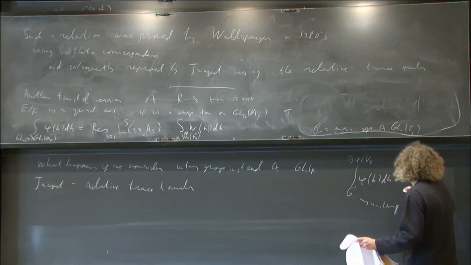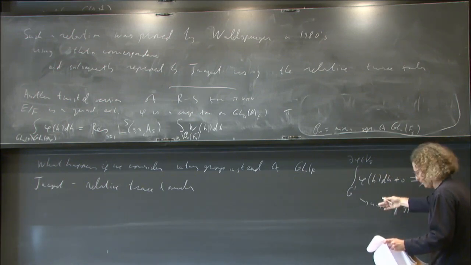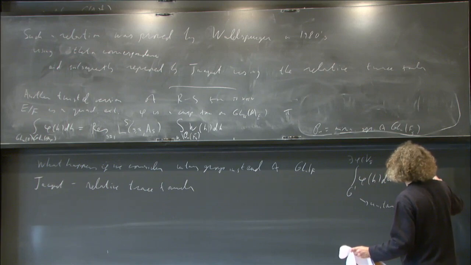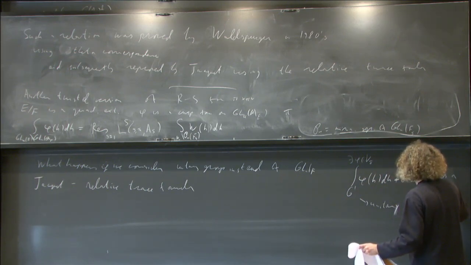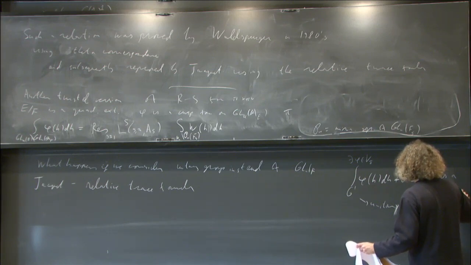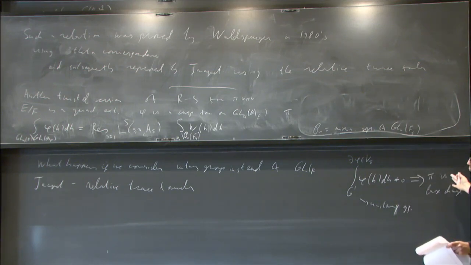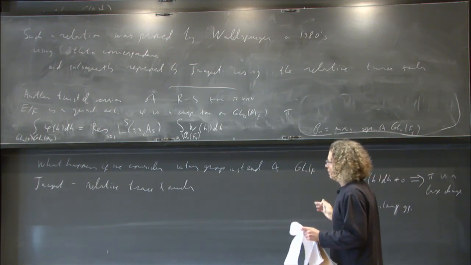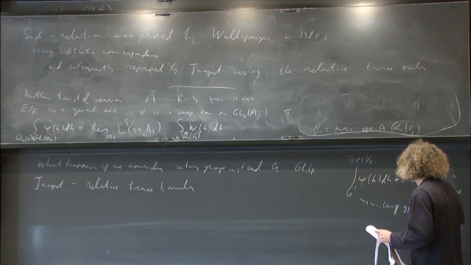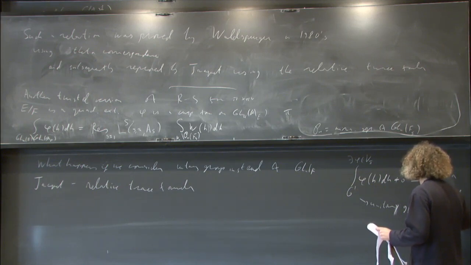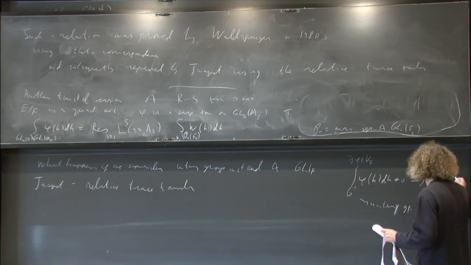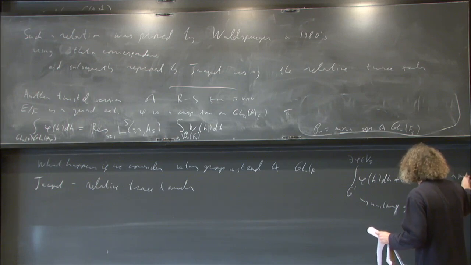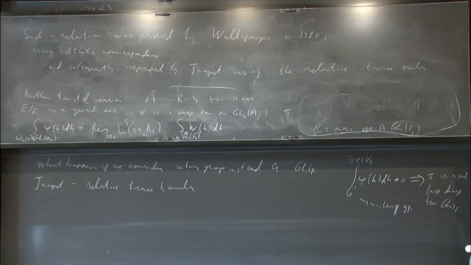At least this implies, but essentially, if and only if you're allowed to change the unitary group, that pi is a base change from GL_n(F), quadratic base change. That shouldn't be too surprising. In fact, this is not a difficult result. There's a nice trick.